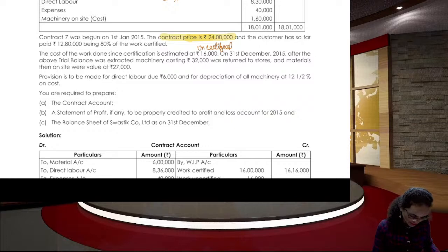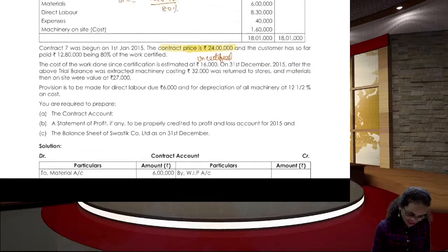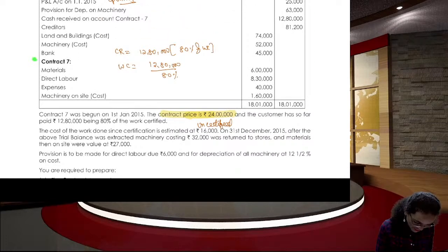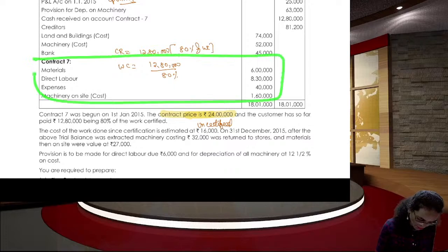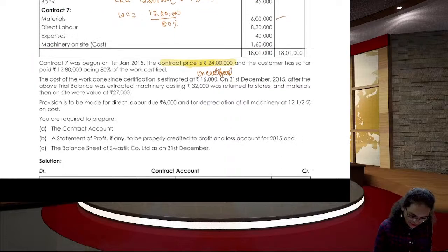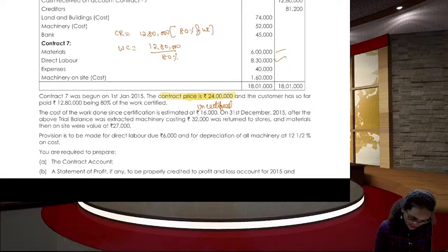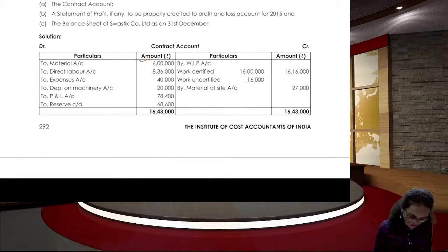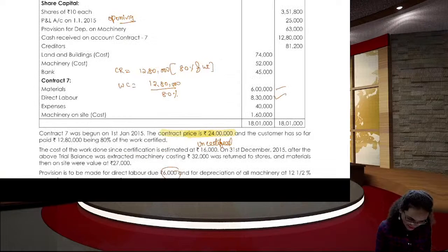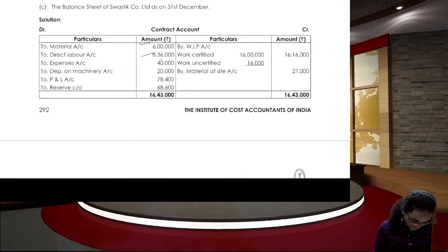Right? Come here. Material only for this particular project is 6 lakhs, labor 8,30,000, plus there is a provision, that is an outstanding 6,000, so 8,36,000. Expenses 40,000.